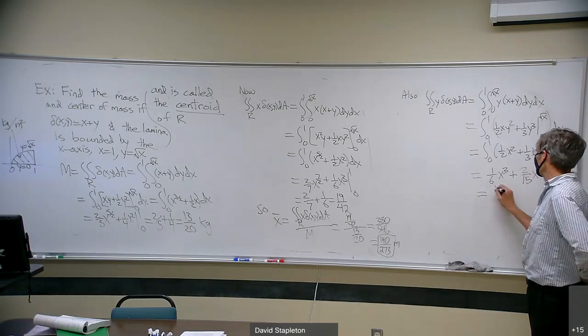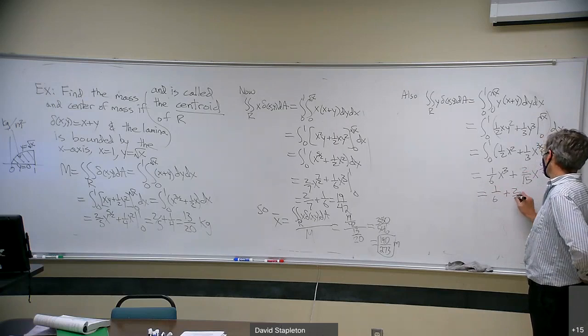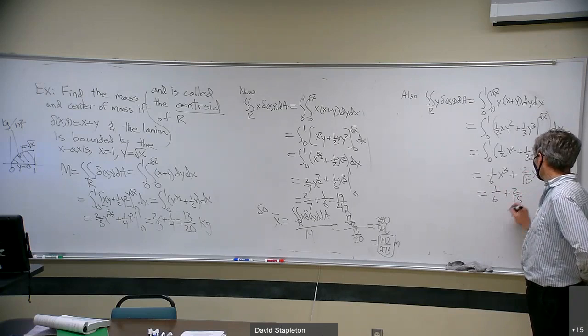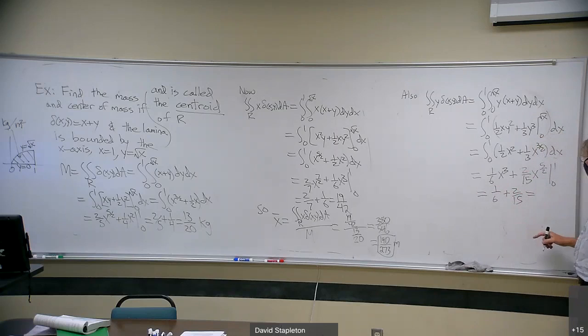I get 1/6 plus 2/15. I plug in 1 and 0 and take the difference. That's 5/30 plus 4/30, which gives 9/30, or 3/10 reduced.